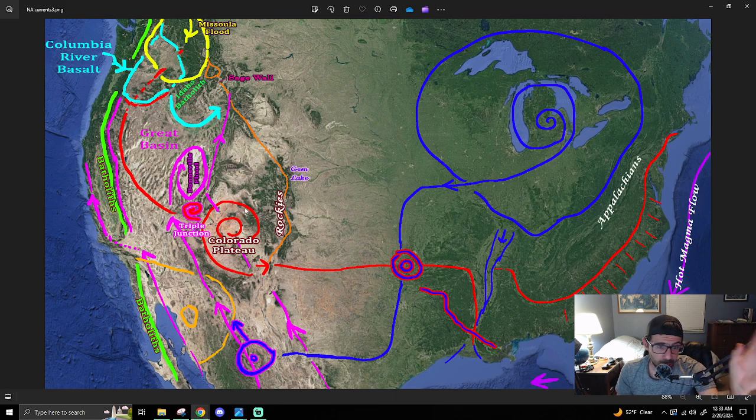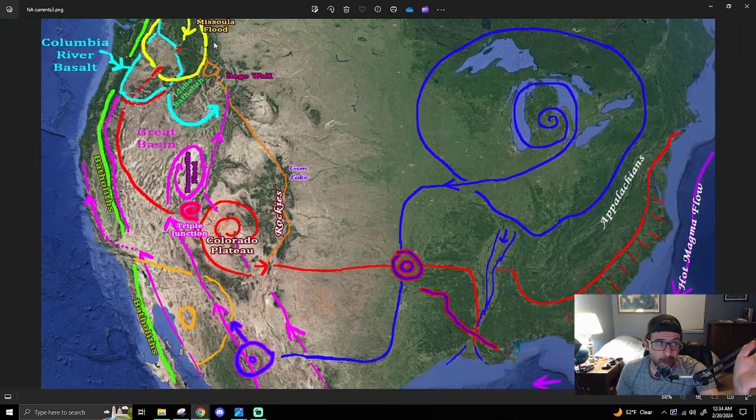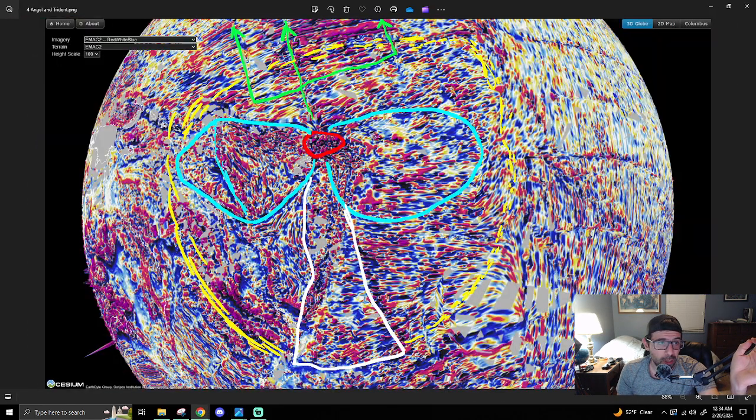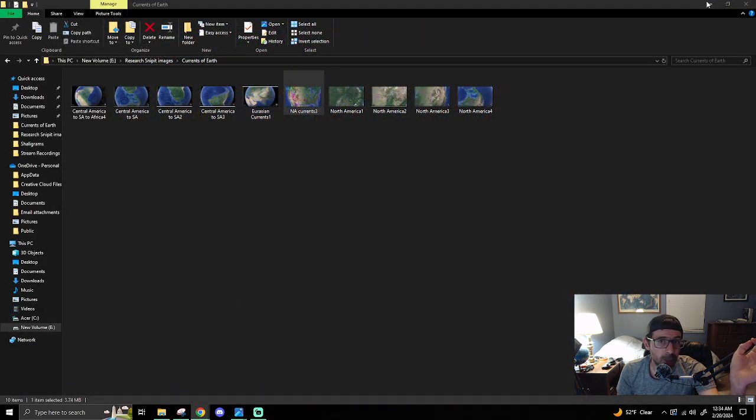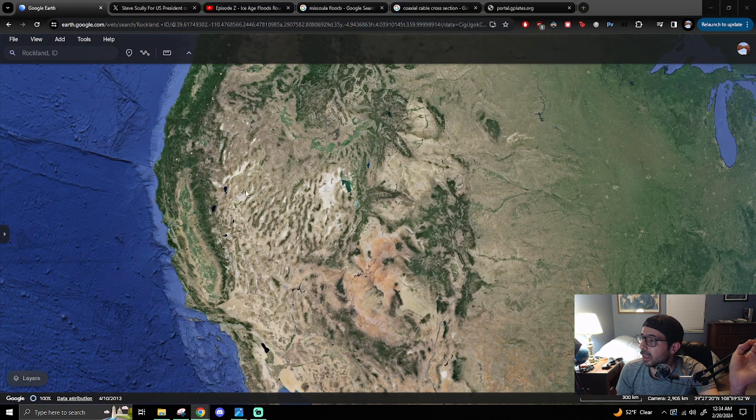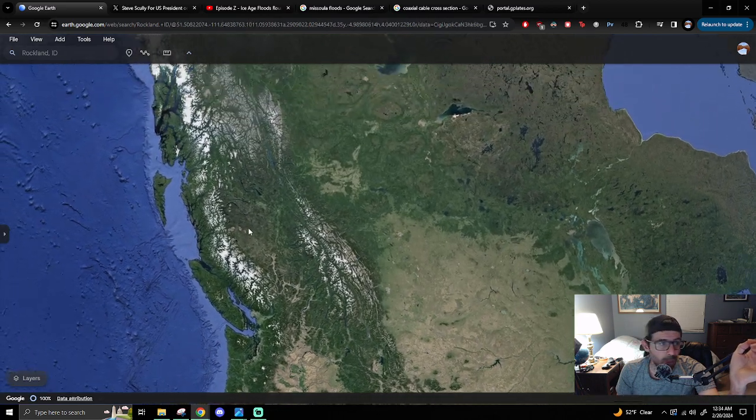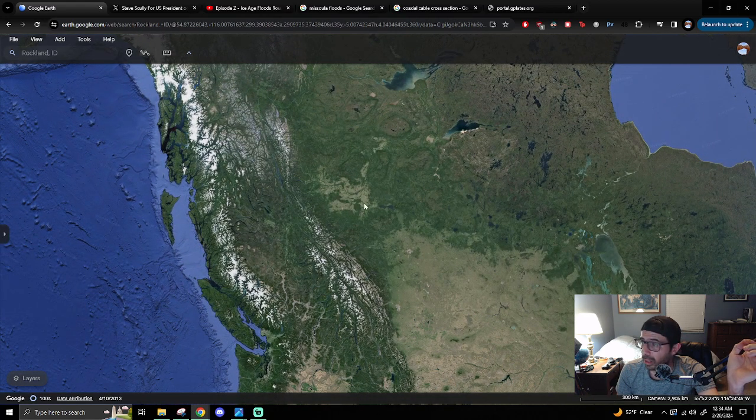this region with Appalachian zircons that are found all over the place in the western United States, even found up here somewhere in Canada. I believe like over here.